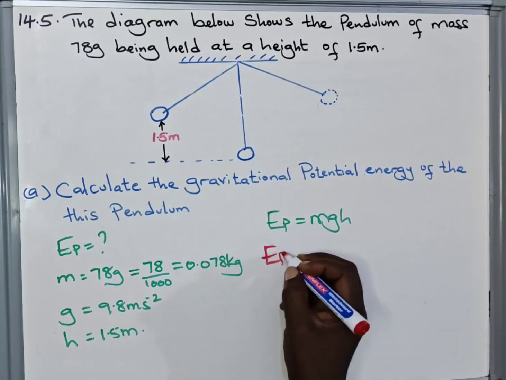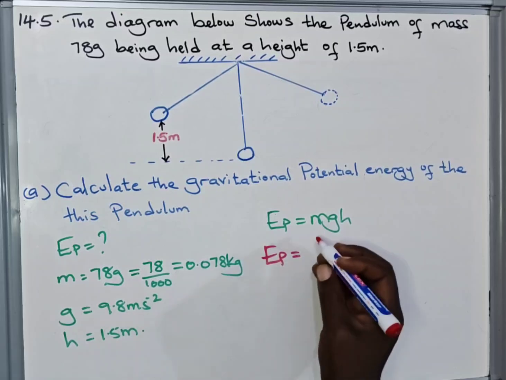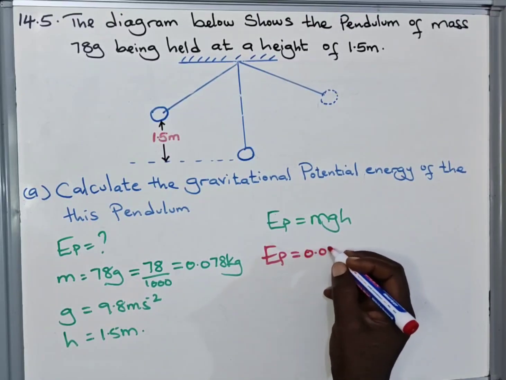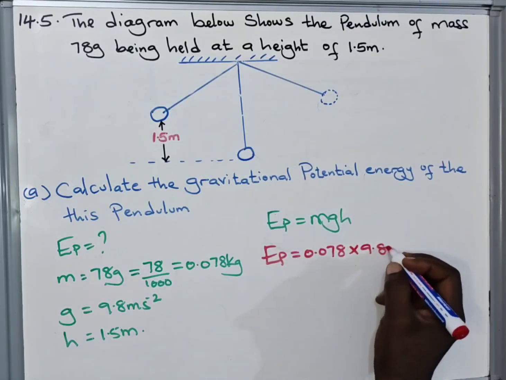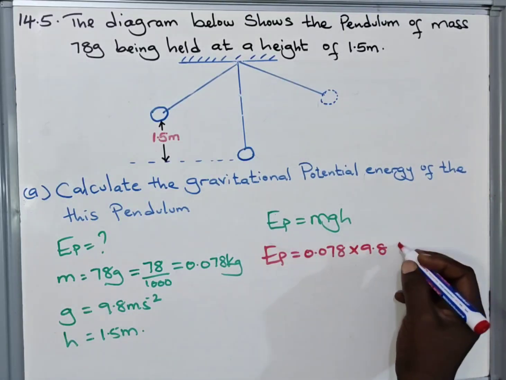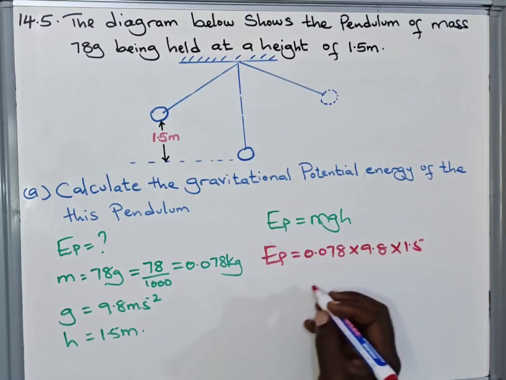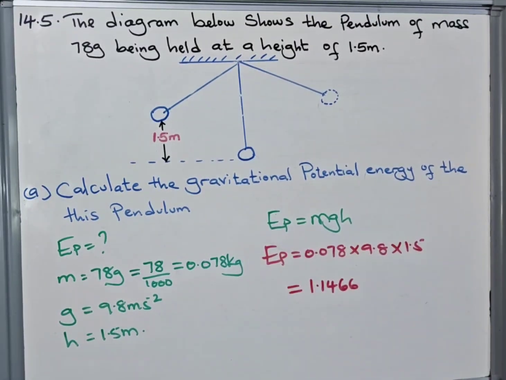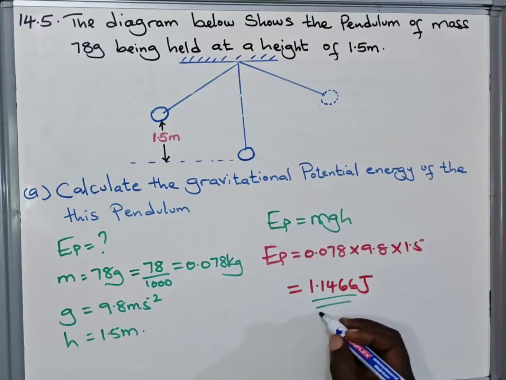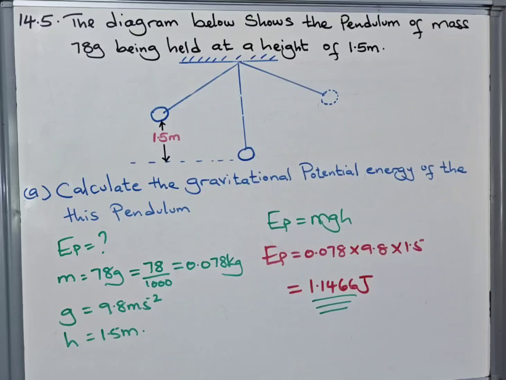We have EP being equal to the mass, which is 0.078, times 9.8, which is a constant, times the height, which is 1.5. And this is what we get in joules, 1.1466. So that's the potential energy of this pendulum.